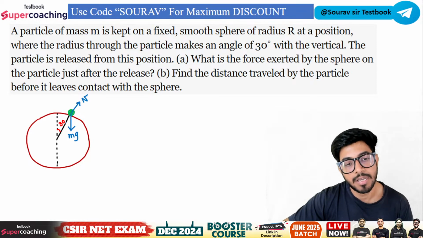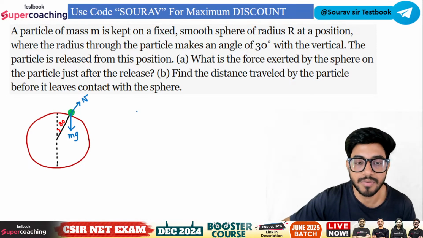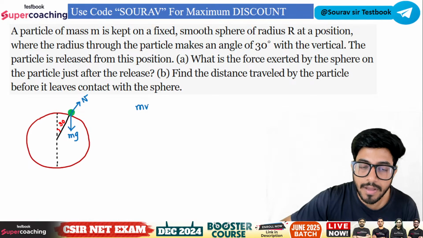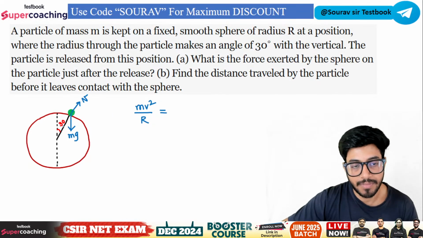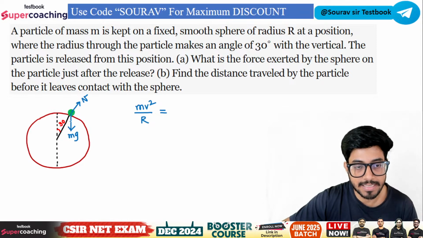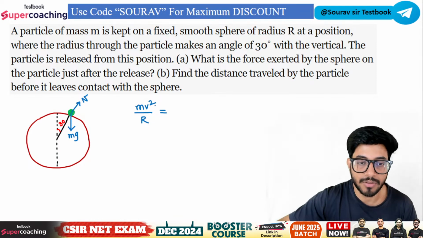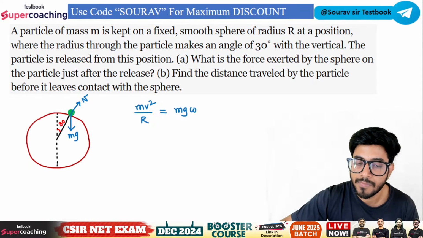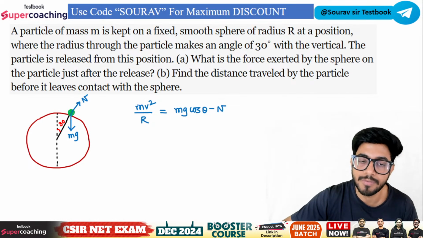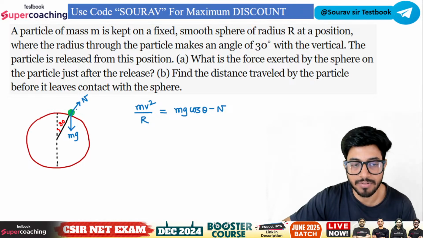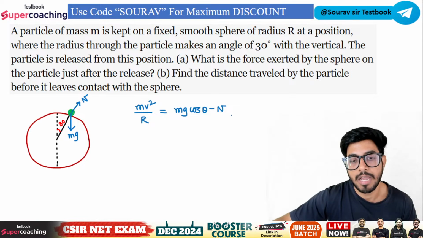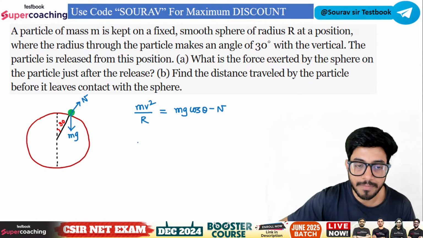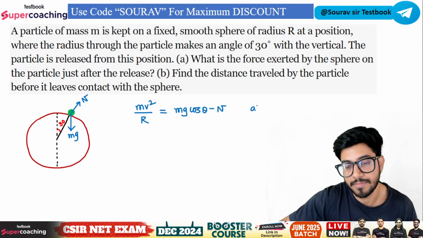Because it's rotating in a circle, you should get mv square by r. If this angle is theta, then mg cos theta minus n should be equal to mv square by r, because the particle is outside of the sphere. But at the time of release, the velocity of the particle was 0. Always.